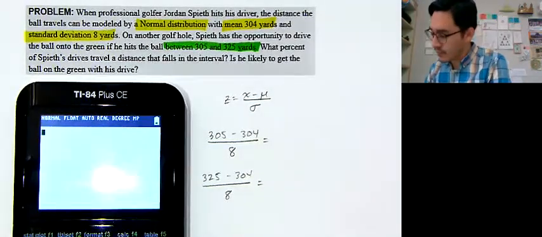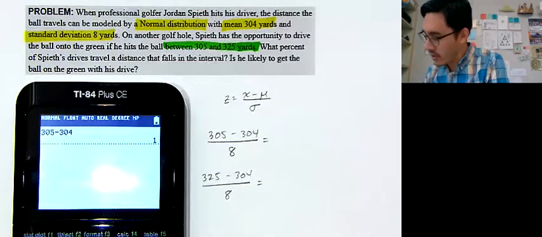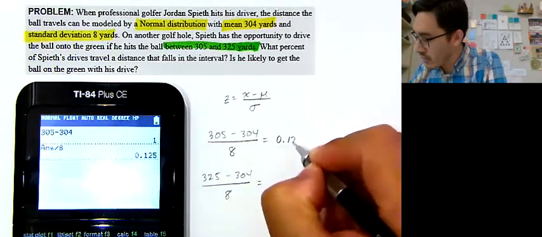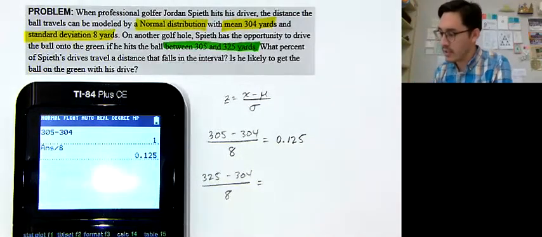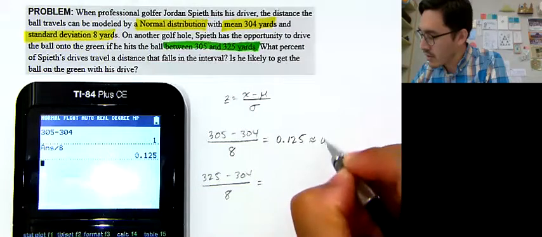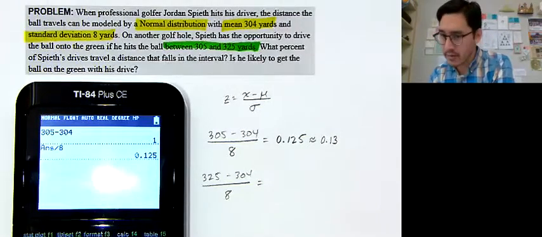All right, so 305 minus 304 is only a difference of 1 yard. But since the standard deviation is 8, the z-score would be 0.125. Now I'm going to round that to 2 decimal places because when I use table A, it only allows me to look up 2 decimal places.